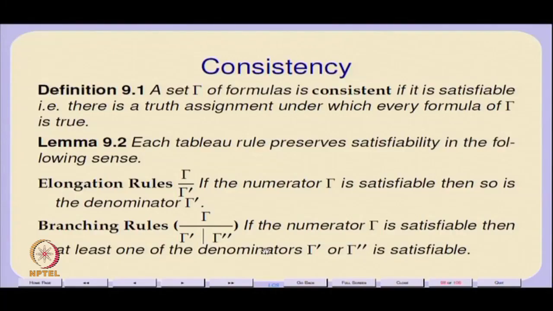So, the construction of the tableau in effect gives you something which is disjunctive in nature. You are talking about essentially an OR of ANDs of formulae without actually going into negation or normal forms. So, it is actually a disjunction of conjunctions, and it is satisfiable if at least one of the denominators is satisfiable.